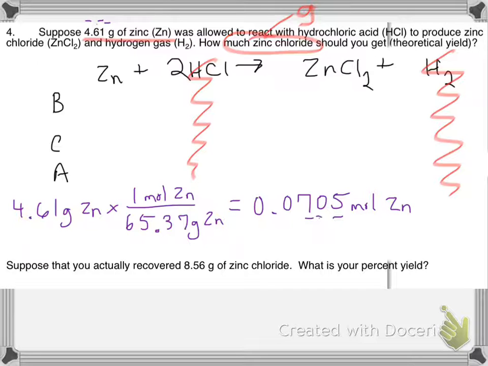Leading zeros, the zeros in front of the 7, don't count as significant figures, so the 705 are 3 significant figures. So we'll start with 0.705 moles of zinc, and that is our reactant. We're going to start with 0 moles of our product because the reaction hasn't even happened yet, so we haven't produced anything.